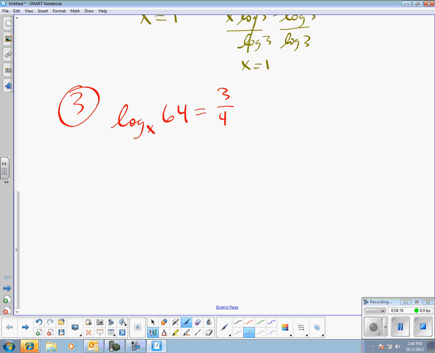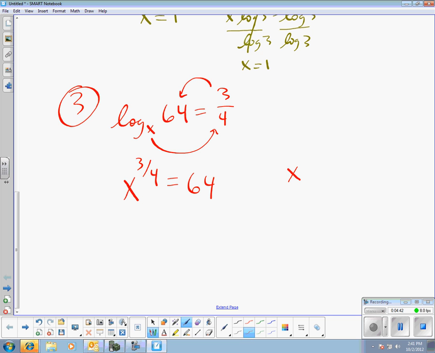So what this is saying, if you put it into exponential form, this to the this equals this. x to the 3/4 equals 64. If you think it out, you might be able to figure that one out, but if not, the standard way to solve one like this is to do the opposite, or the inverse power of 3/4.